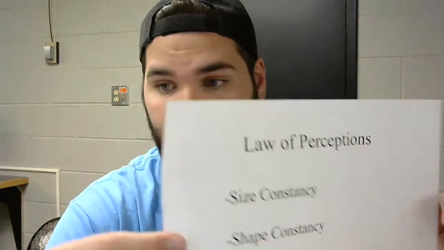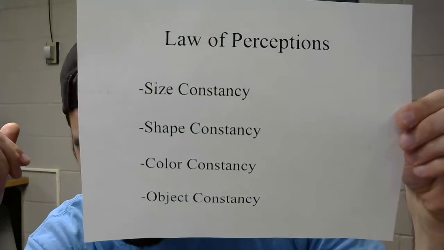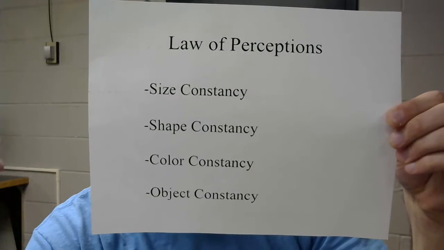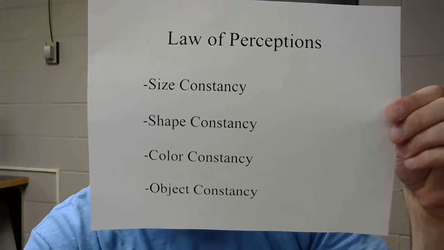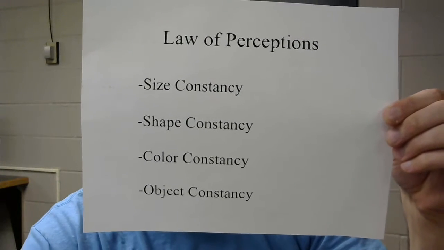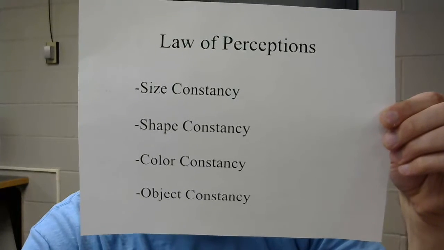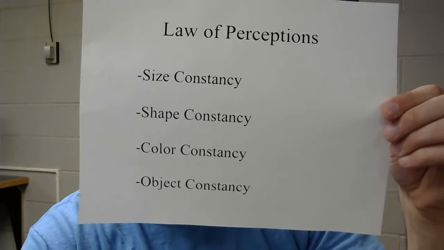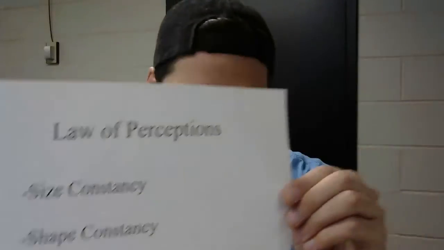So there's the law of perceptions, which consists of these four constancies: size, shape, color, and objects. Something doesn't change in darkness or based off of how far away it is or if it's partly hidden, but ultimately it's just the same simple object.